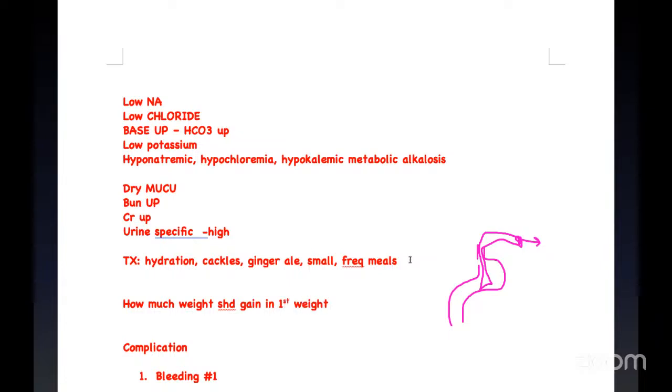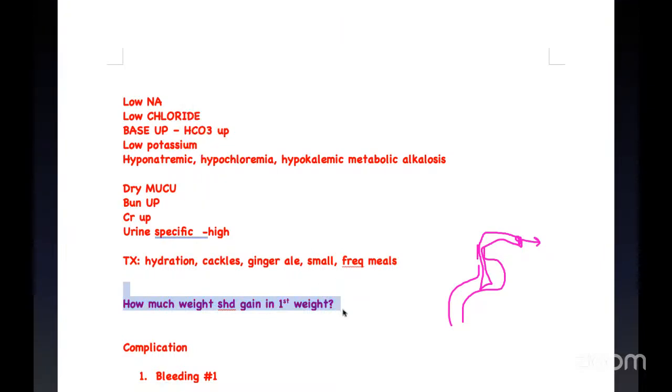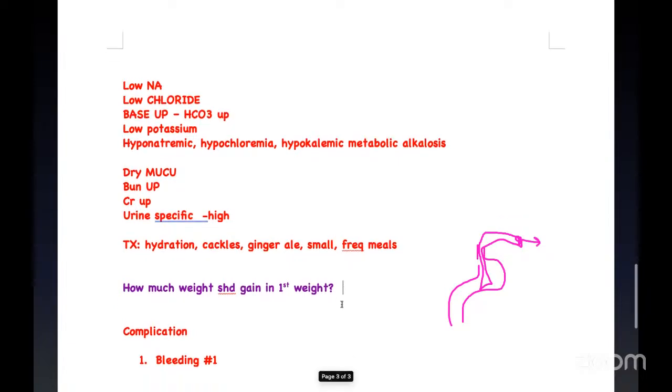You should know this because it's one of those questions you see, which of these should you intervene on? Or they will call you and say, I've gained so and so. Should you intervene? How much weight should the mommy gain in the first trimester? If you know, you can put your answer there. How much total weight should they gain? What do you think?